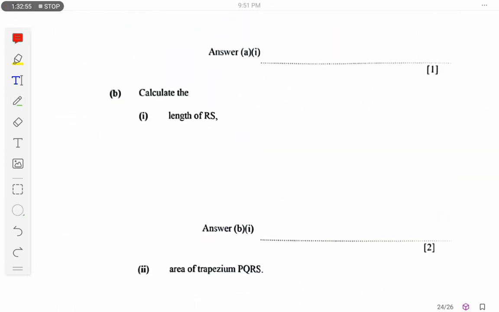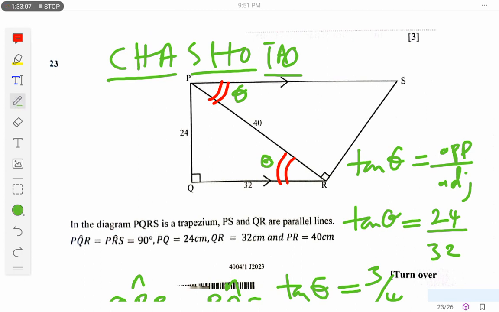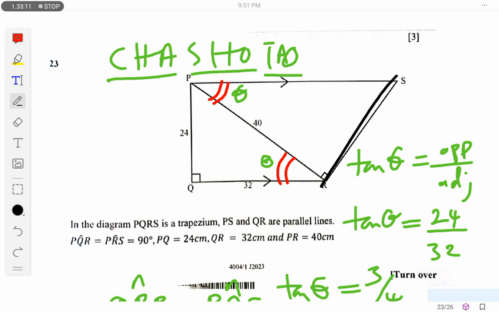We are now looking for the length of RS. So to get the length of RS, let's go to RS. Where is RS? This is our RS here. Let me just draw RS. But we now know this angle. Remember we said tan theta is equal to opposite over adjacent.